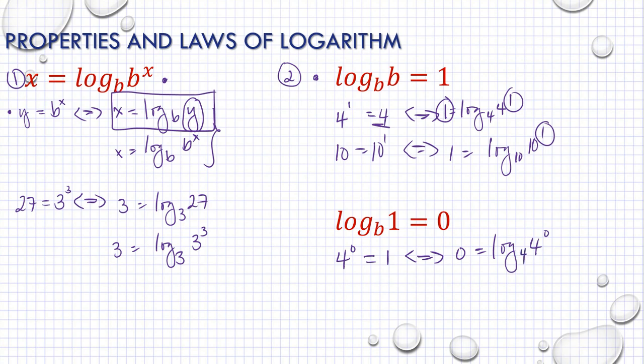As you can see here, this is also 1, and the exponent is 0. So a logarithm of 1 in any base is always equal to 0. For example, 5 raised to 0, that is also 1, if and only if 0 is equal to logarithm of 5 raised to 0 with a base 5.